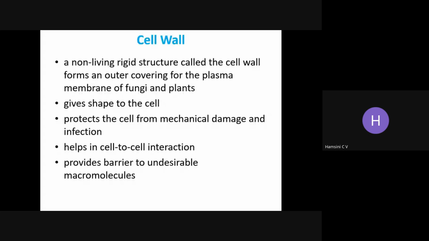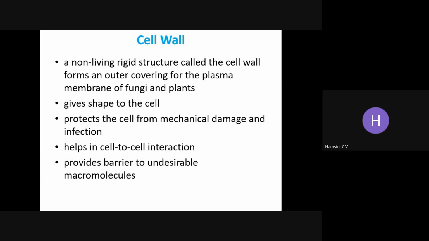Then plant cell, you know, cellulose, hemicellulose. Now we are doing tissues, where I have told you that it consists of other depositions like lignin, pectin. It depends on which type of tissue it is. Cellulose, hemicellulose, pectin, lignin are present in plants. Chitin is present in fungi.